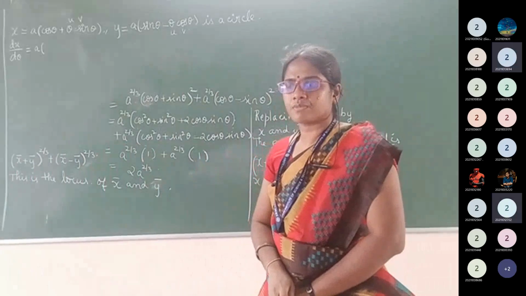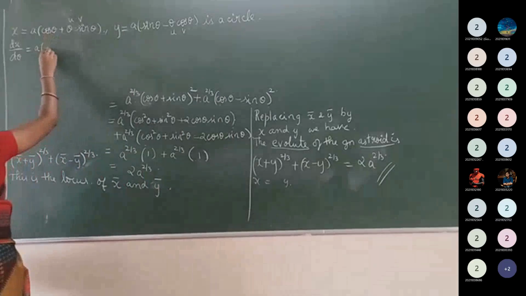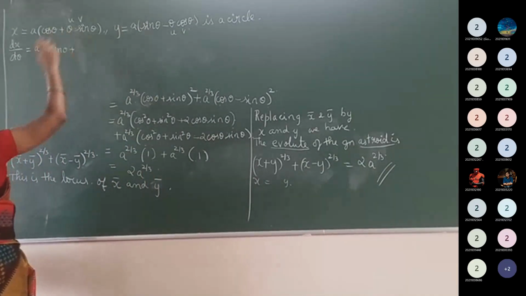Minus sin theta. So it will be minus sin theta, plus, then it is uv.